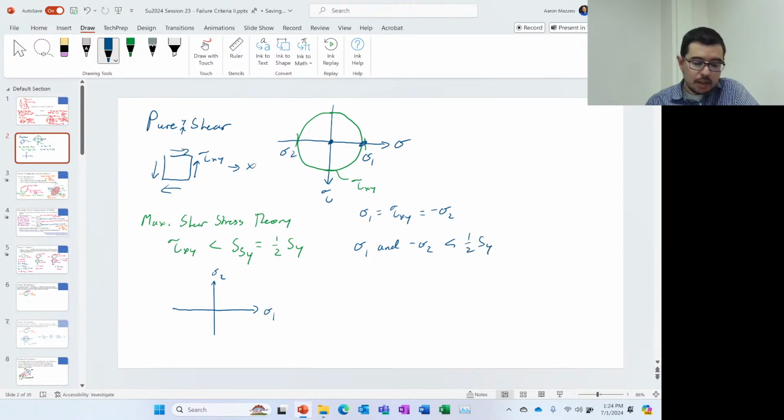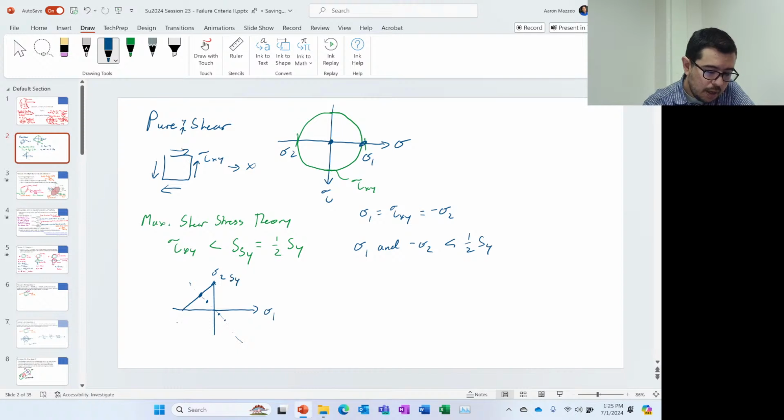And this is the case of pure shear. So sigma 1 and sigma 2 have to be equal and opposite to each other, and they come out to this location. If they're right on the threshold, they come out to a series of locations on this line.